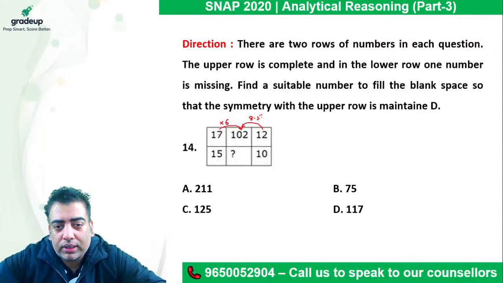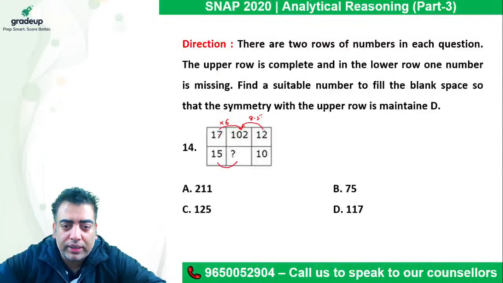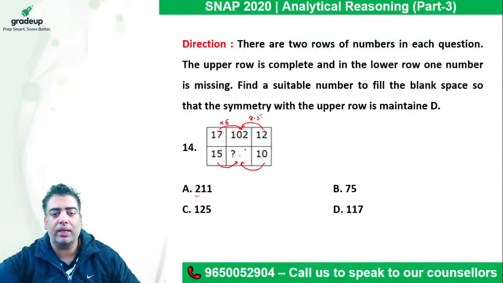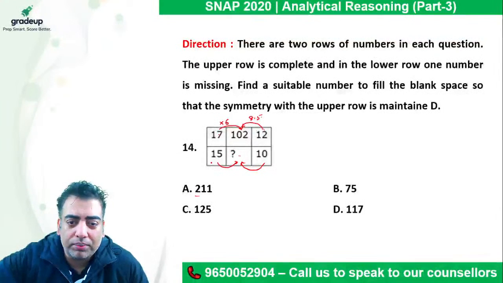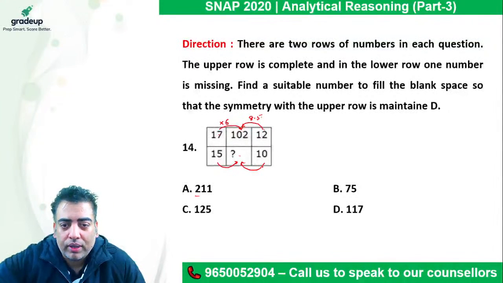Now, some relation of this particular form should appear between these numbers also. So if we keep 211 here, 211 will not give me a good multiplying factor like these. Like with 10 also it comes out to be 21.1, doesn't sound good.